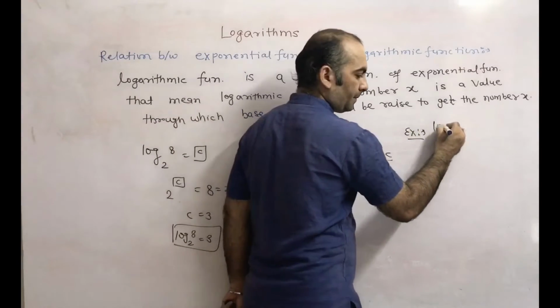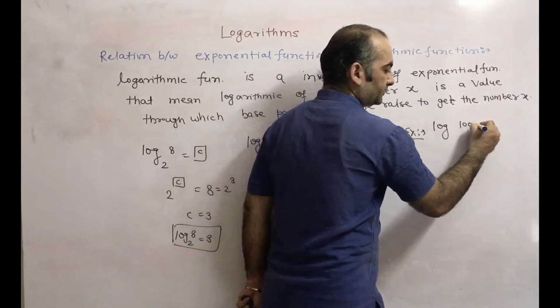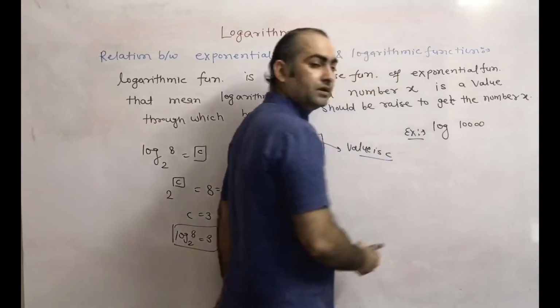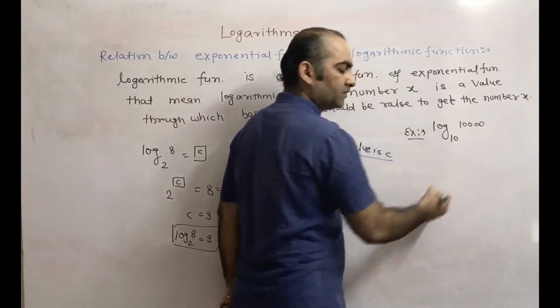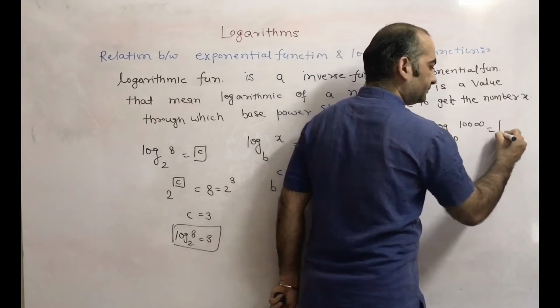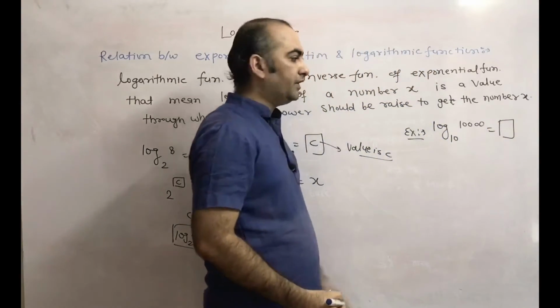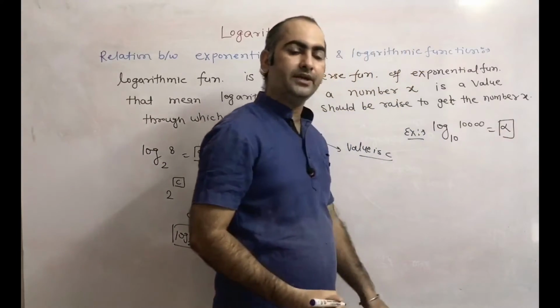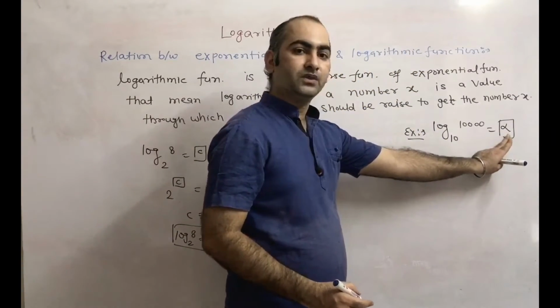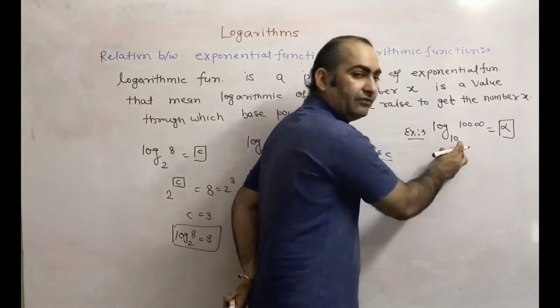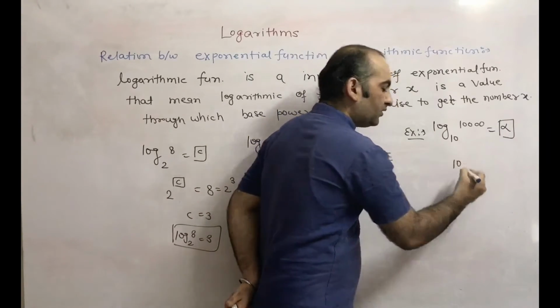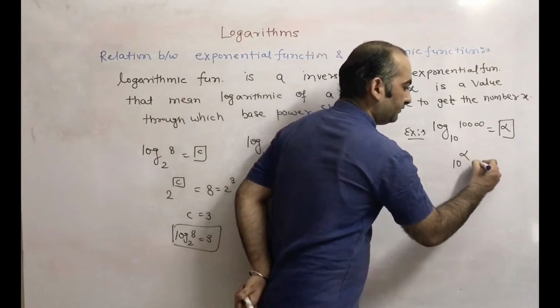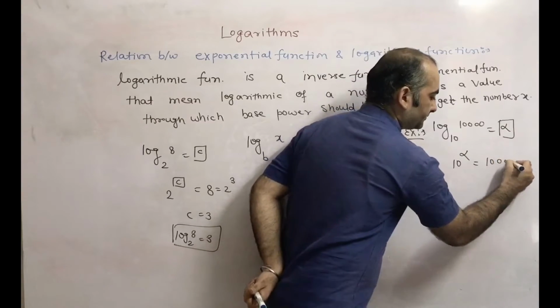Next example, if I take log 10,000 to the base 10, this is a value. We have to find this value. Suppose this value is alpha. What is the alpha value? For finding alpha, the base power we have to put is alpha so that we get the number 10,000.